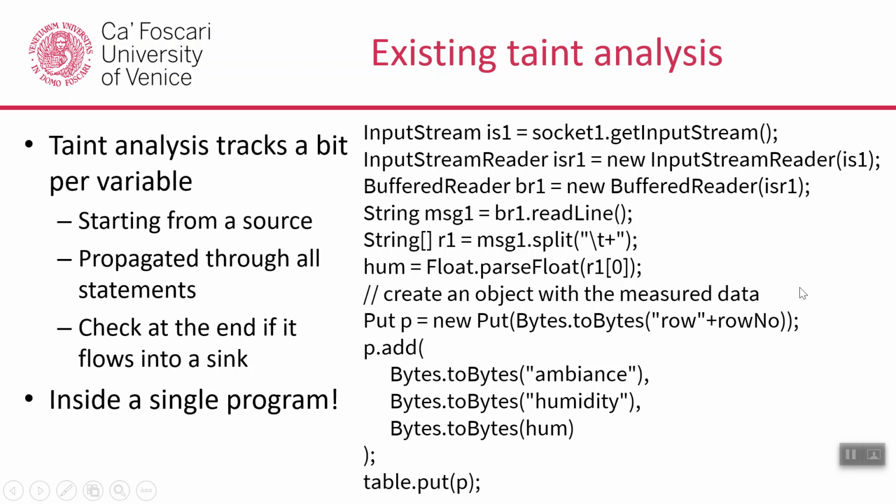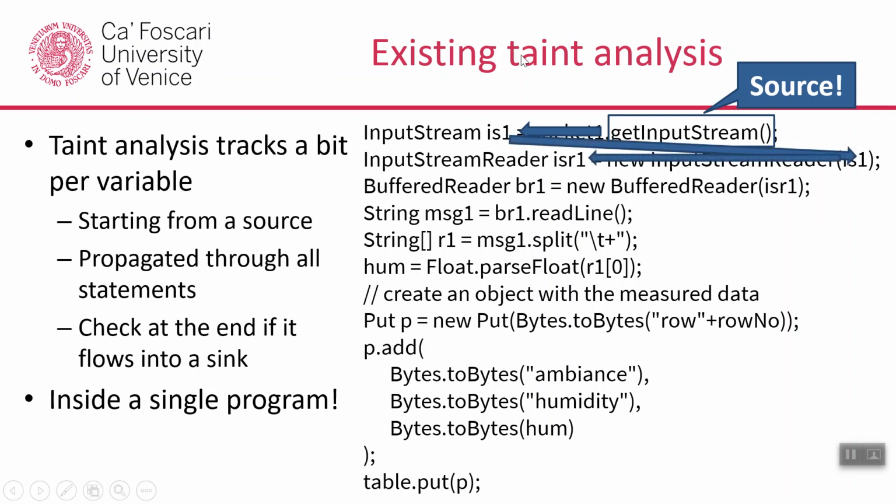So let's take this snippet of code, taken from some edge software in an IoT system. In this case, we have a socket that is reading some input stream, and this is the source of our taint analysis. Then our taint analysis engine propagates it. This is assigned to variable IS1, that is then passed to a constructor and it flows into ISR1, then BR1, then we go into message 1, then we split message 1, so this tainted data flows into R1.